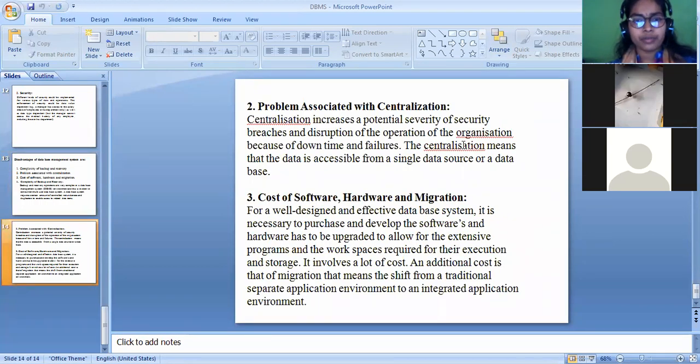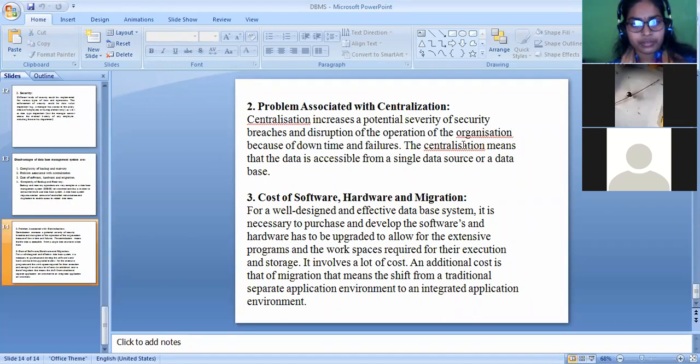Second one is problems associated with centralization. Centralization increases the potential severity of security breaches and disruption of the operation of the organization because of downtime or failure. Centralization means that data is accessible from a single data source or database, or we can access some specific data.